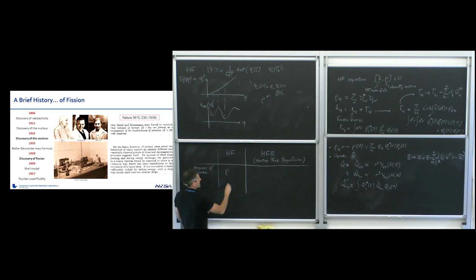As I mentioned, you can either think of it as an actual matrix or as a function of R. Again, simplifying a bit because technically it's a function of R and R prime and sigma prime, but okay, these are technicalities. In HFB, you still have the density, but there is another object called the pairing tensor.